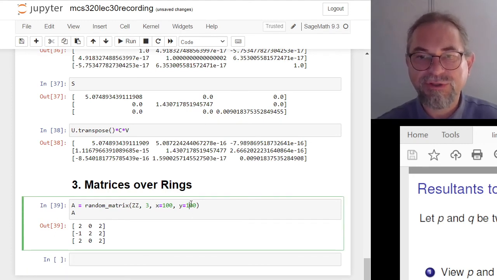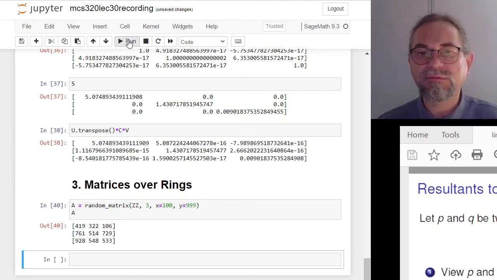That means that the lower bound is 100, the upper bound is 999. I was trying to make a snarky remark about the notation x and y, and that's why I made a mistake, so I had to look it up. The parameters with the rational numbers are num_bound and den_bound. Here they are using the x and the y to give the bounds.